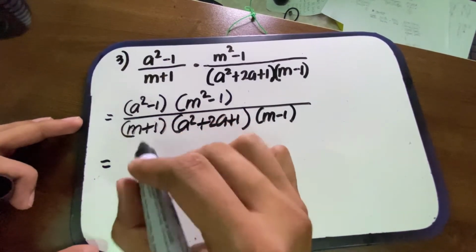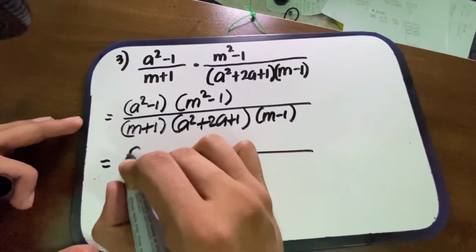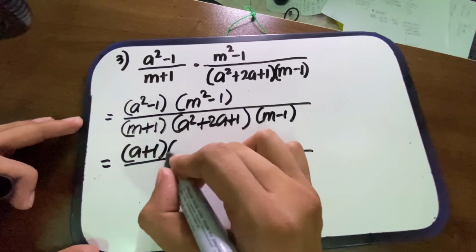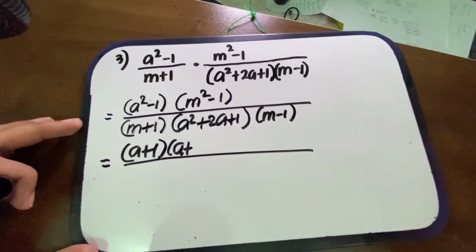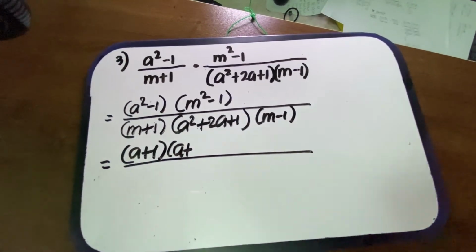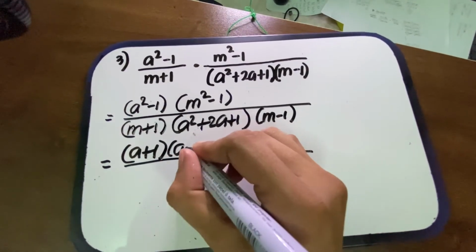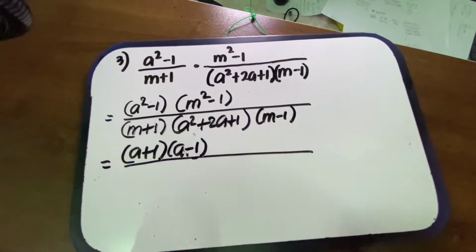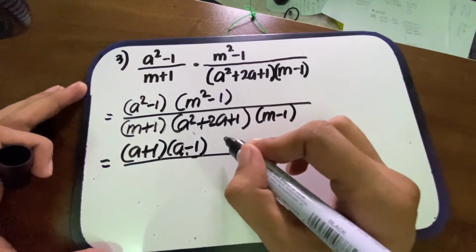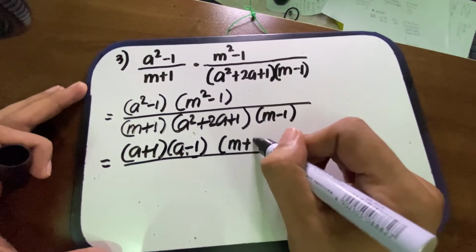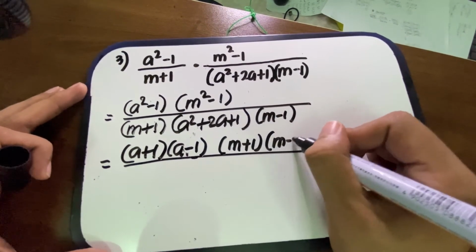So this one can be factored into a plus 1, then a minus 1. Okay, here this is also m plus 1 and m minus 1.